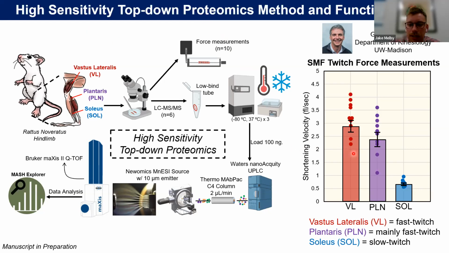As you can see from the data, each of the muscles has different shortening velocity characteristics. This is more of a big picture, functional measurement to help guide our proteomics data.